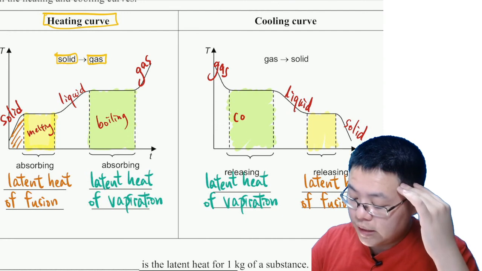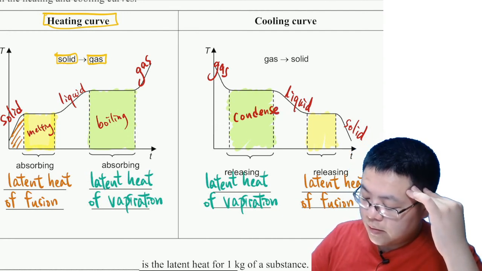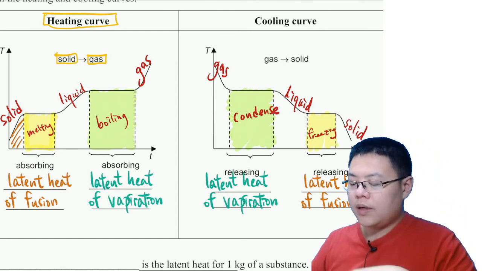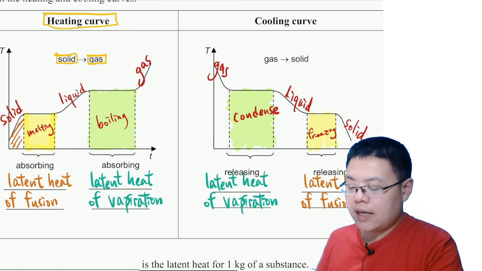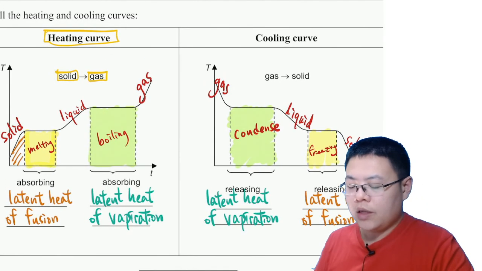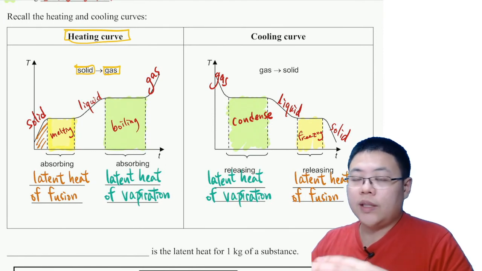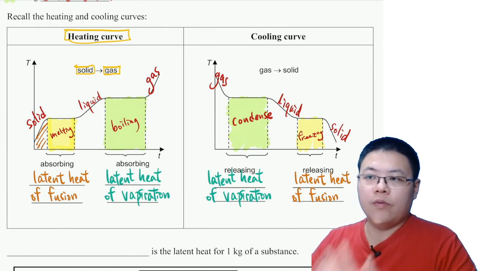Here it is condensation. Here it is freezing. And during the process, on the right hand side, it releases energy. So you are required to be able to describe this process in words.